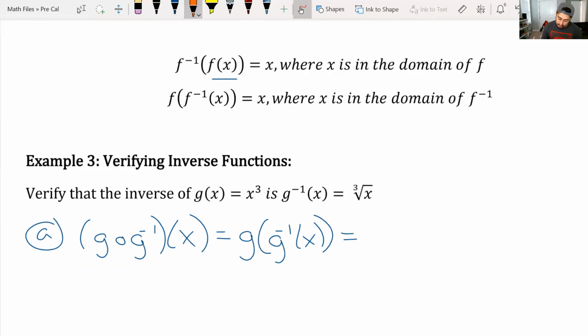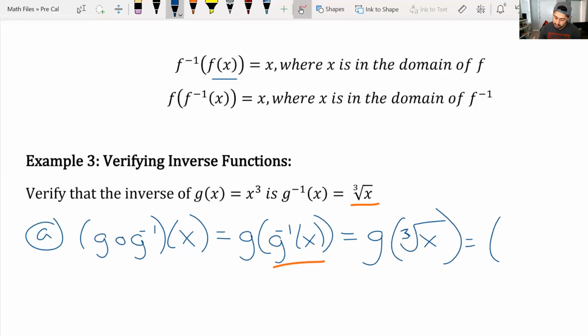And we know that g inverse of x is the cube root of x. So we plug that in. I get g of the cube root of x. And then I plug that in for x into g of x. So this becomes the cube root of x raised to the third, which gives me x.